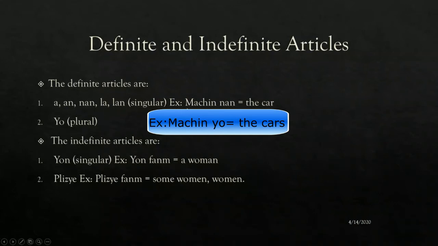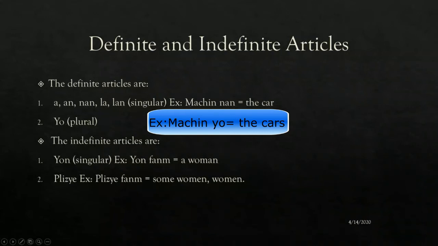For instance, we have machine, the car. Yo is plural. So we don't have an example for yo. I forgot to put it on this slide, but you would have machine yo. Instead of na, you would replace it by yo.